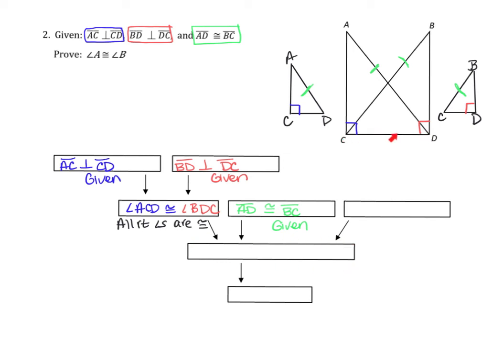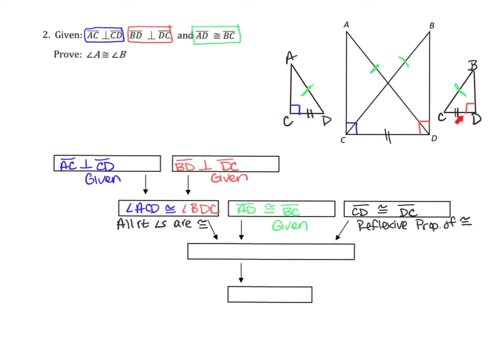And if you look at the overlapping triangles, they do have a shared side. So that means that segment CD is congruent to segment DC by reflexive property of congruence. So if you take a look at this larger diagram, I've now marked the shared side as congruent, and then in the separate triangles you can see that CD is congruent to DC.